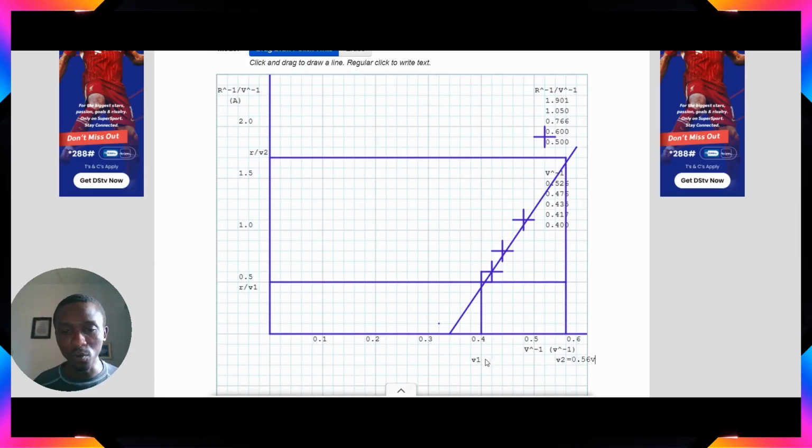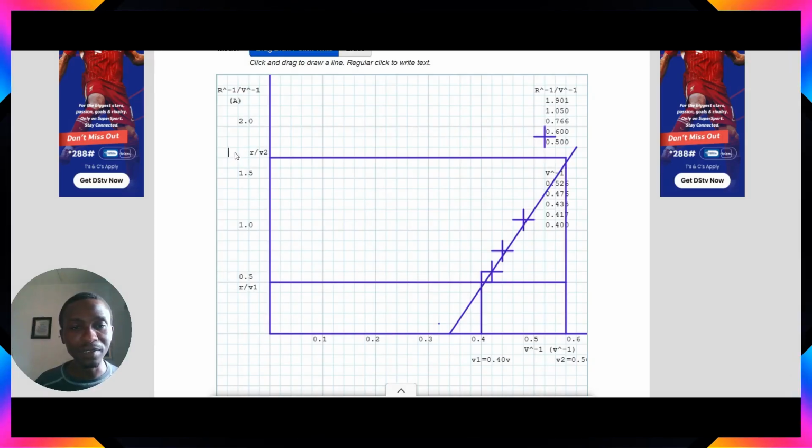And your V1 is obvious, that's 0.40 per volt. And if you look at your ratio, R inverse 1 over V inverse 1, that is actually equal to 0.5, is obvious.